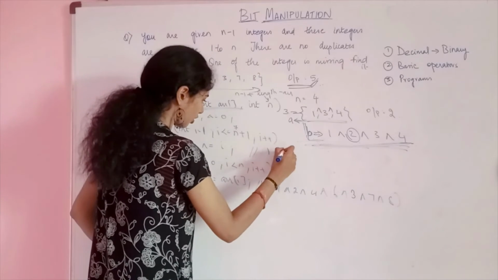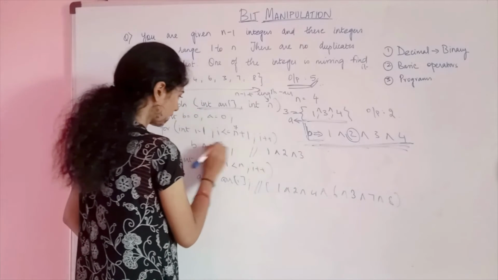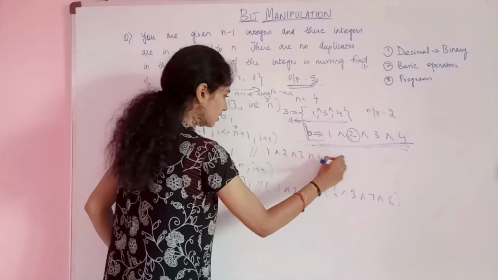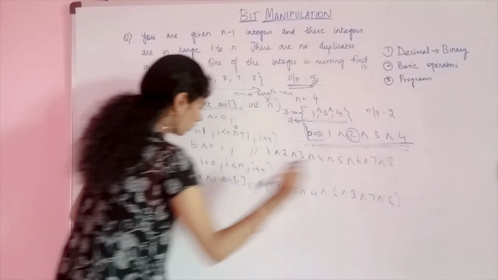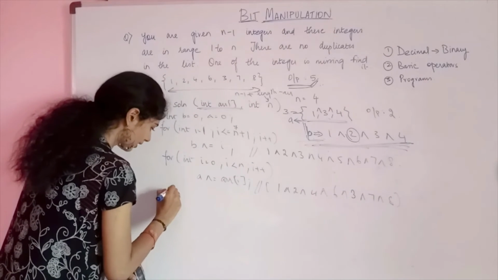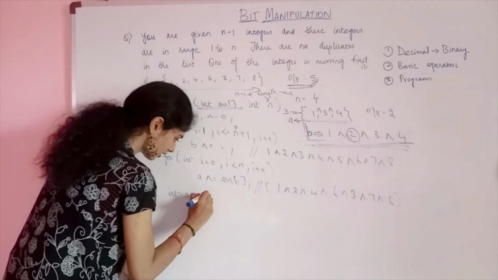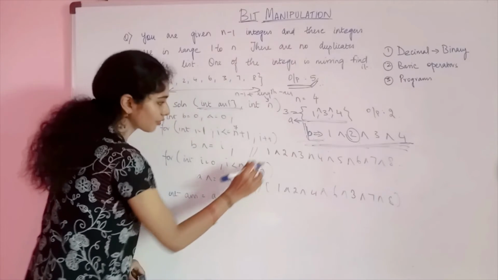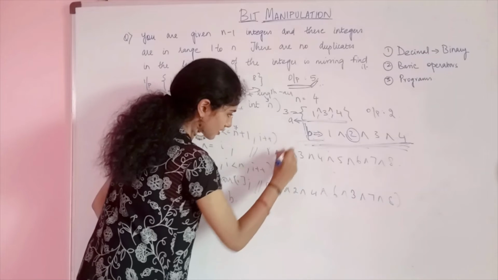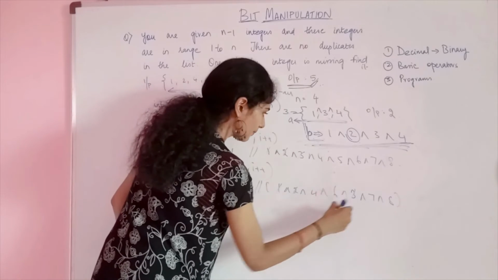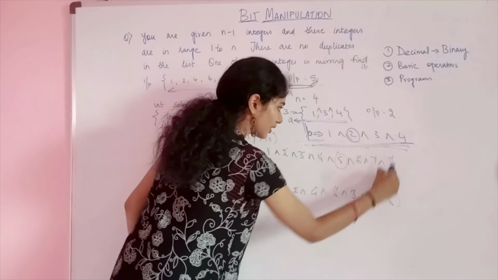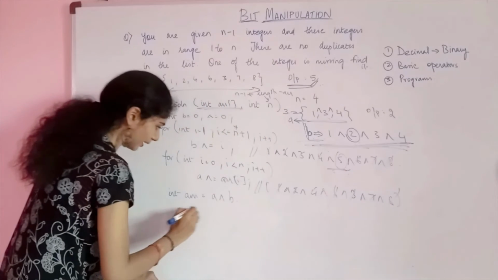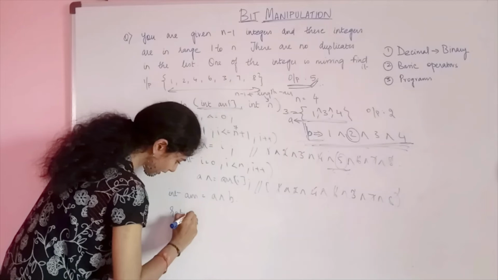So it will be 1 XOR 2, 3, 4, 5, 6, 7 and 8. So the answer shall be A XOR B. This gets cancelled, this gets cancelled, 3, 4 cancel, 5 will remain, 6, 7 and 8 cancel. So the answer 5 will remain. I'll have to return this.